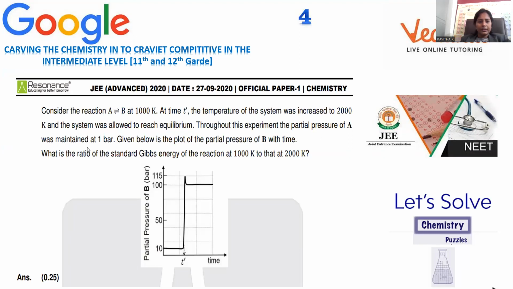If you see the graphical representation, partial pressure starts from 10, and the final pressure is taken as 100. So from the graph, the data is provided. Here, initial pressure P1 is 10 and final pressure P2 is 100.